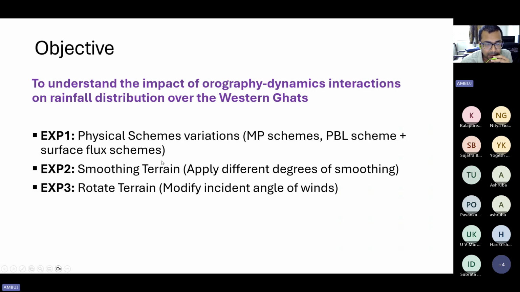Having done that, we then conducted 2 experiments. In the first, we smoothed the terrain, and in the second we rotated the terrain. In the smoothing experiment, we understood the role of slope, and in the second experiment we tried to understand the role of alpha, the angle between wind vector and mountain orientation.